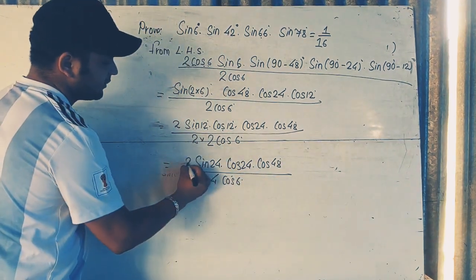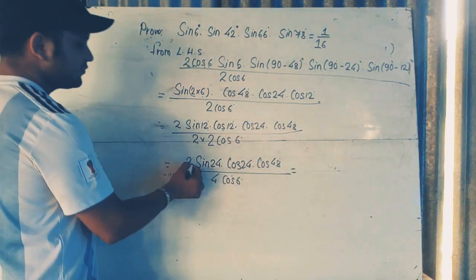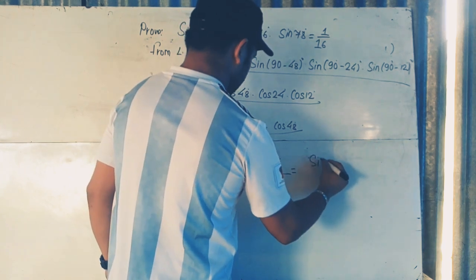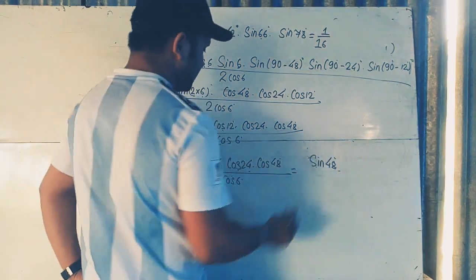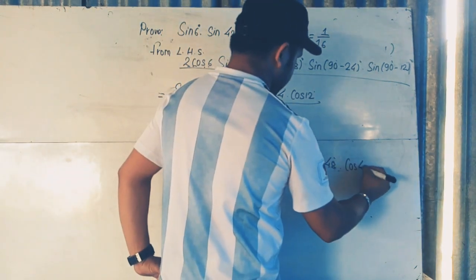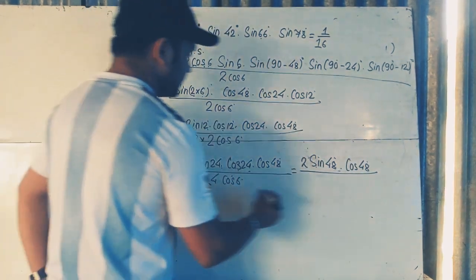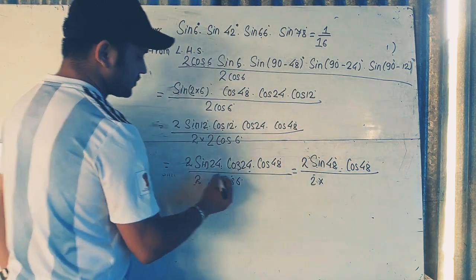Now you can multiply the numerator by 2 and also the denominator by 2. So if you do so, you have 2 sin 24 cos 24, which is sin 48 by using formula 2 sin a cos a is sin 2a, dot cos 48. Now you can multiply the numerator by 2 and also the denominator. You have 8 in the denominator, so you can multiply 2 with 2 4s are 8 cos 6.